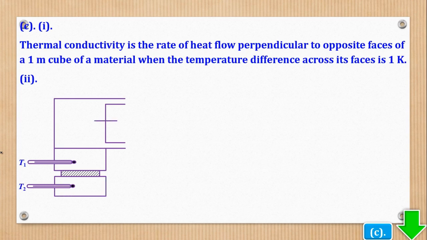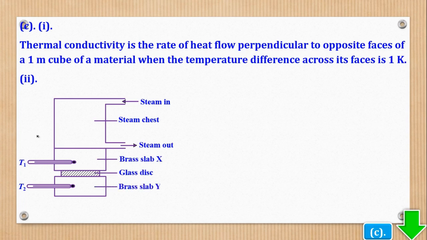So you need to label that is a steam chest, then steam in and steam out. Then that is a brass slab X, and that is a glass disc of interest, and also the brass slab Y. So these are the thermometers.